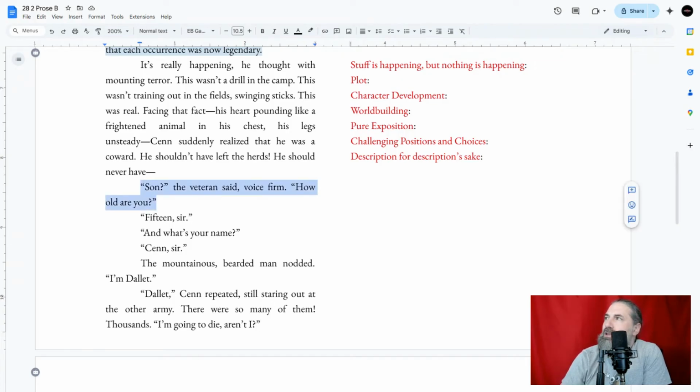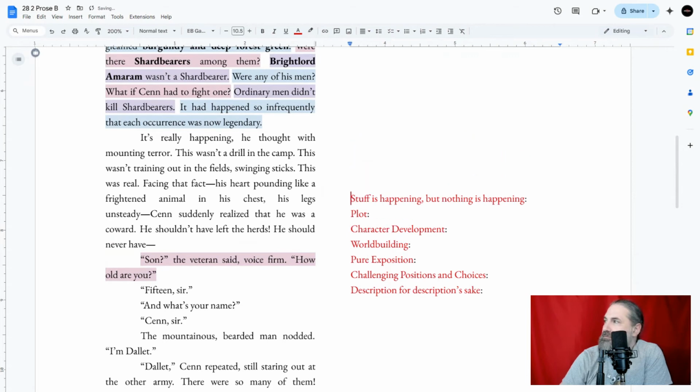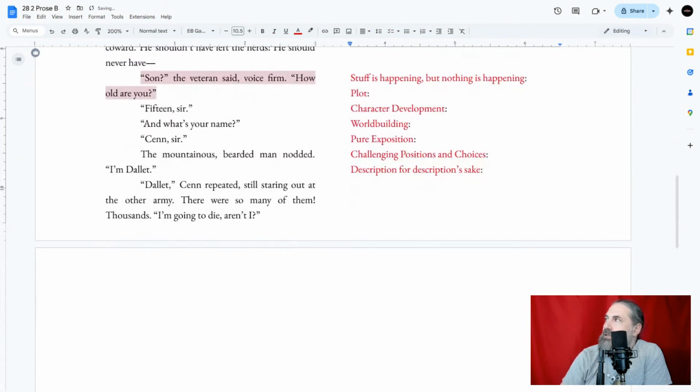But again, even if I look at this real quick, Sen, the veteran said, voice firm, how old are you? Okay, so this is a character choice. This is character development, but it's also plot. 15. This is plot and character development. Why?